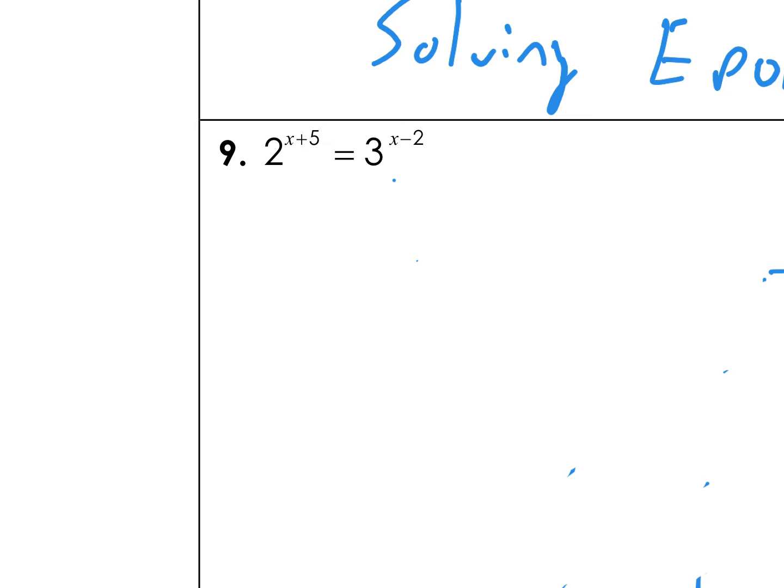So I gave you a suggestion the other day that if your bases are completely different and they don't share anything in common, go ahead and use a generic logarithm. So I'm going to use 3, let's see, x minus 2. I'm going to use log base 10, just the word log.